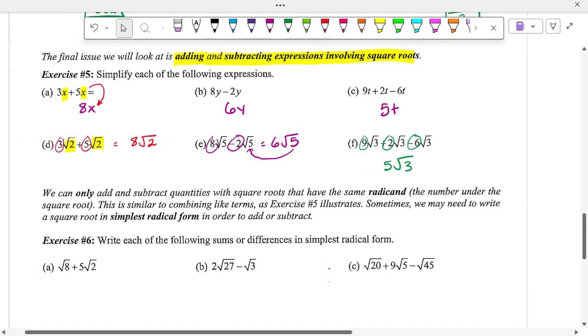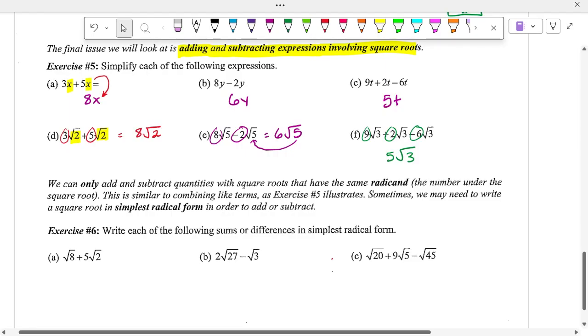Now, the great thing about radicals is even though it's very similar to combining like terms, we know that when we combine like terms with polynomials, so they have the x's, the y's, the t's, the x squareds, whatever, we know that we can't change the variable to look like something else. That cannot be the same.